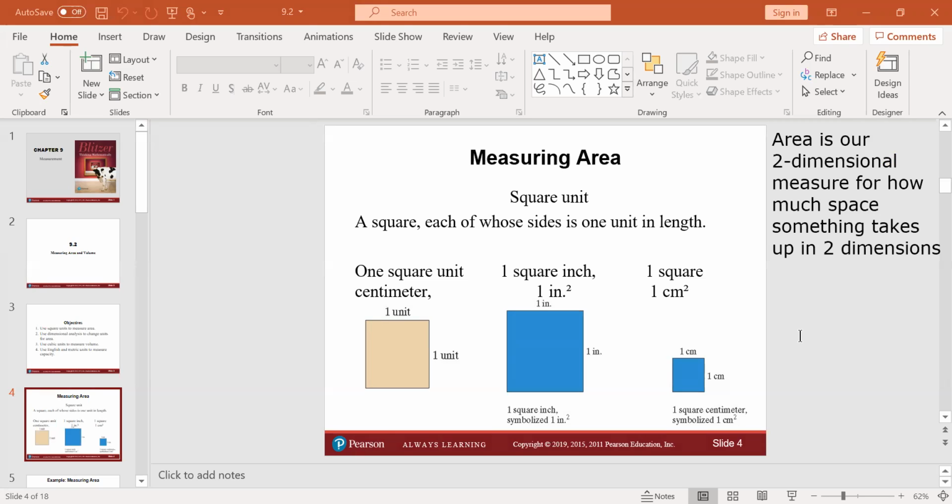And when I say 2 dimensions, I mean there has to now be 2 different measurements of length that are coming together to form area.